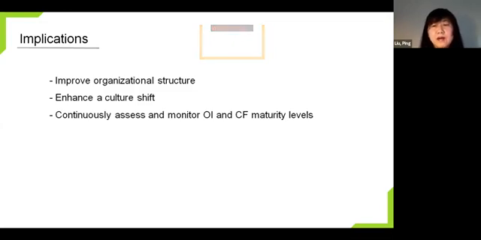Our questionnaires and the radar diagrams can be used to monitor their open innovation and corporate foresight effort and benchmark with their partners.